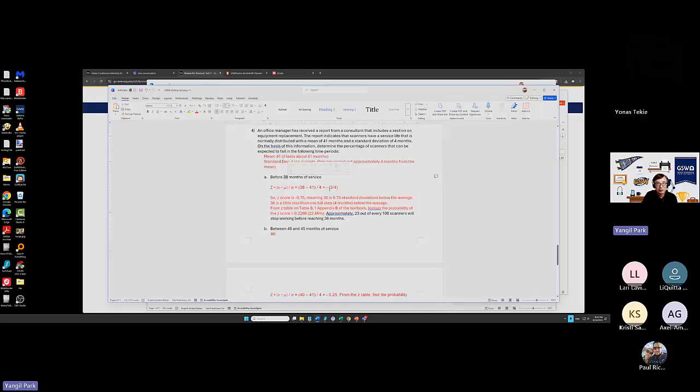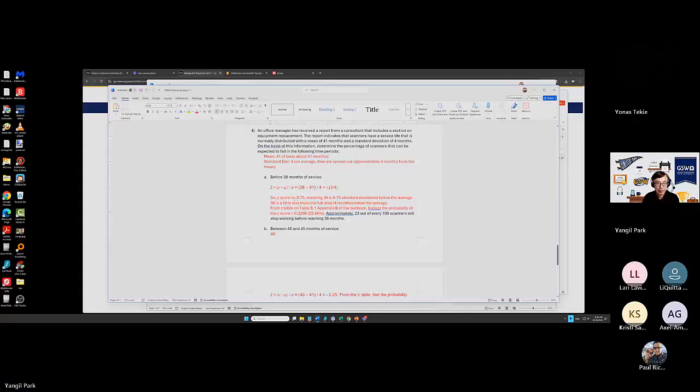Then the Z score comes out as 0.75, which is 3/4, but negative actually. So it comes out negative 0.75. So we need to find the probability of this Z score from the table.